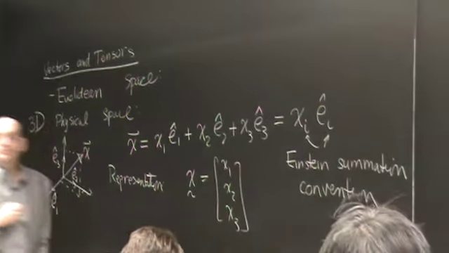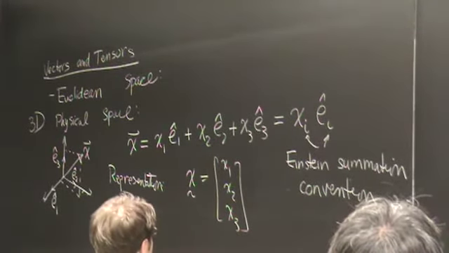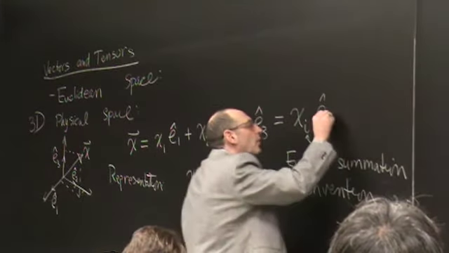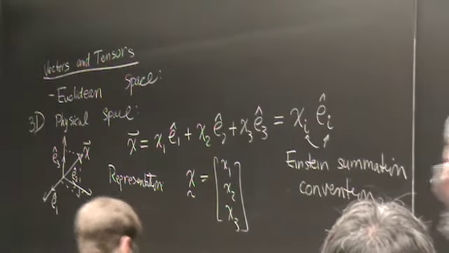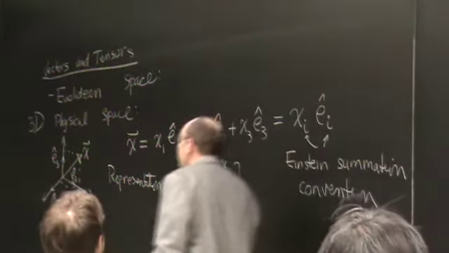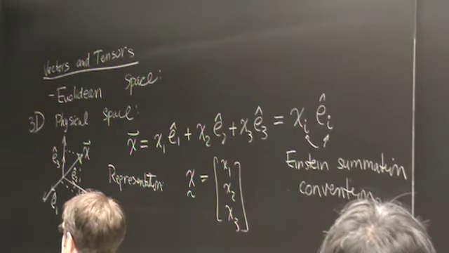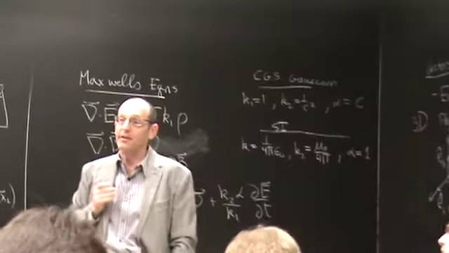Yes? If we're using the Einstein summation convention, shouldn't one of those i's be a superscript? When we have non-Euclidean space, and we will get to that, and we have the notion of dual vectors, and notions of covariant and contravariant vectors, then we have to be very careful about superscripts and subscripts.